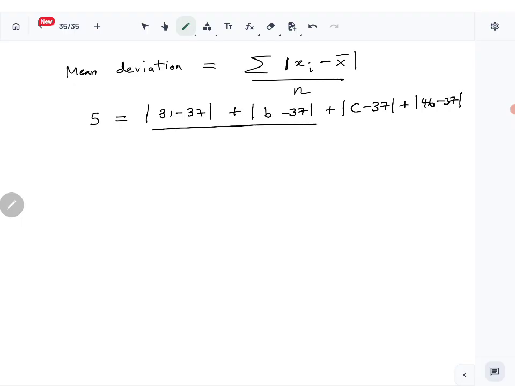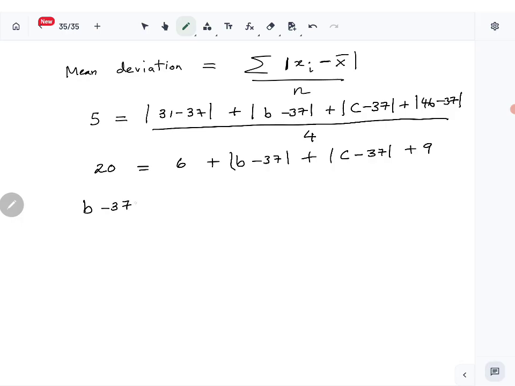All of this is divided by the number of terms, which is 4. So multiply the 4 to this side, you get 20. This is 6, and this is 9.